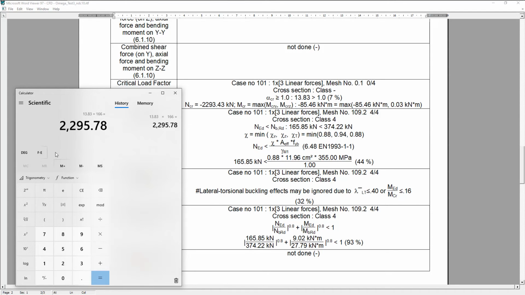That gives me a 2.3 meganewton critical force, which is the value we get right there for N. This is the first critical N that will be reached by the member. And knowing this critical N, Advanced Design can compute the buckling factors to get the buckling resistance.